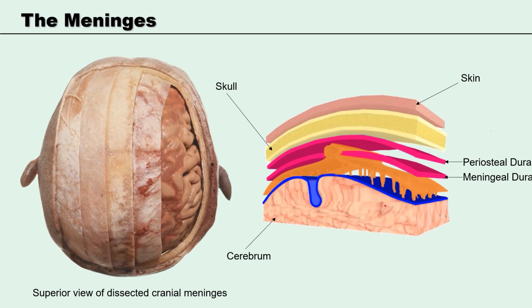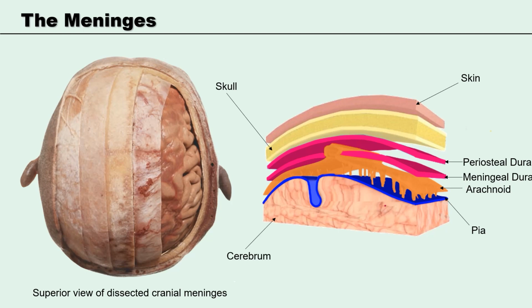Beneath the meningeal dura we have the arachnoid matter, with its granulations showing perforations through the meningeal dura. Beneath the arachnoid matter we have the final layer of the meninges, the pia mater, that is anchored tightly to the CNS, in this case the cerebrum, but it is the same on the spinal cord.